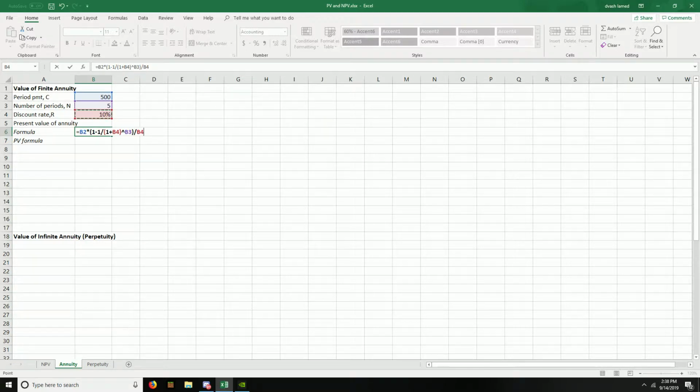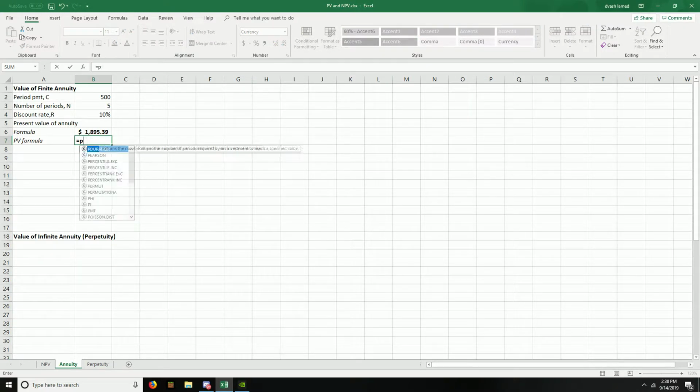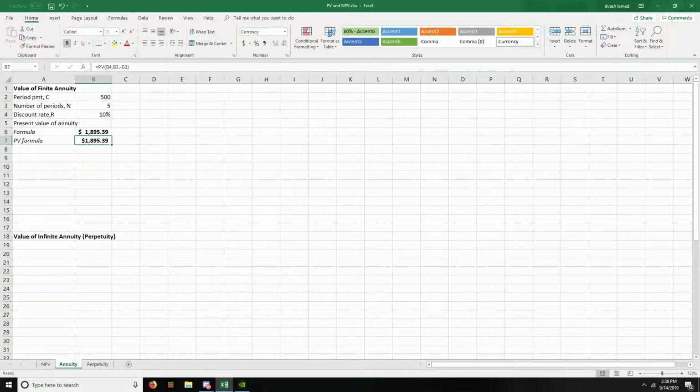So this will be our result, and then using the present value function we'll have our rate, number of payments, negative payment, just so we can get a positive present value, and you can see that the results are the same.